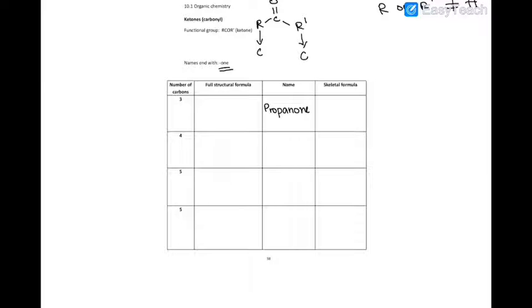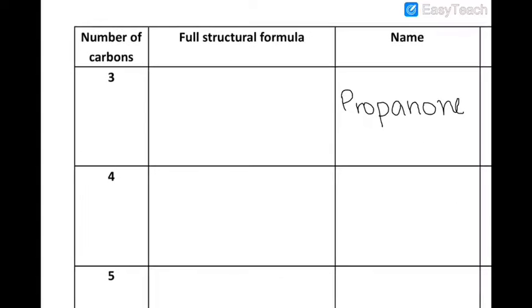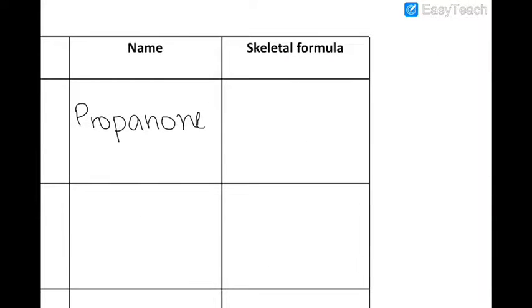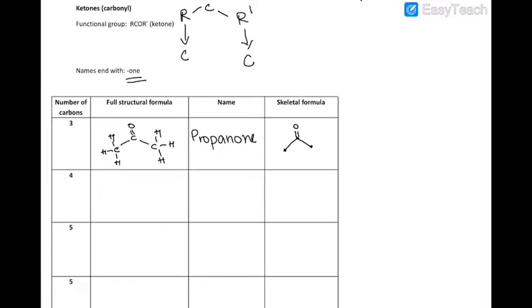You will have 1, 2, 3. This is the CO, and then carbon, and this is going to be CH3, and the other one as well is CH3. When you're drawing the skeletal formula, 1, 2, 3 carbons bonded, and then double bond O here.